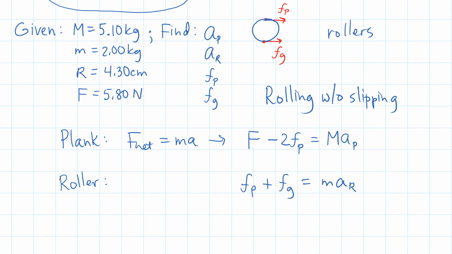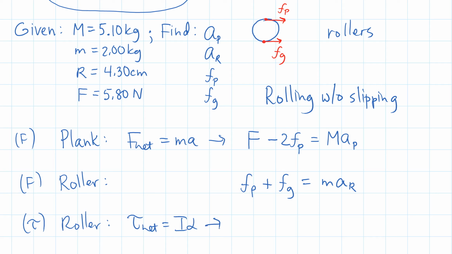Finally, we will do torque for the roller. So this is forces, and this is torque for the roller. So we have torque net equals I alpha. And so even though we are given the radius r, it turns out that we're not going to need it. So here's what happens.